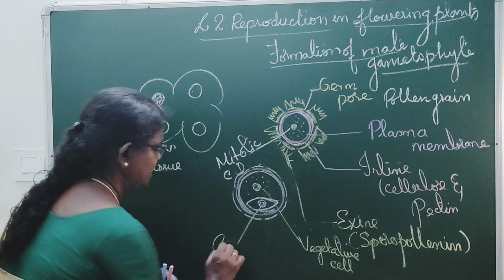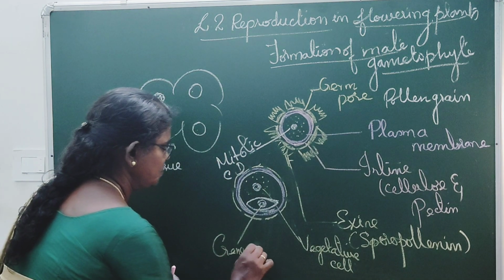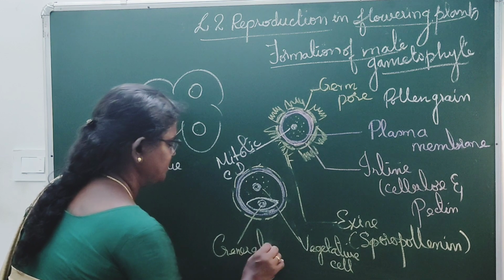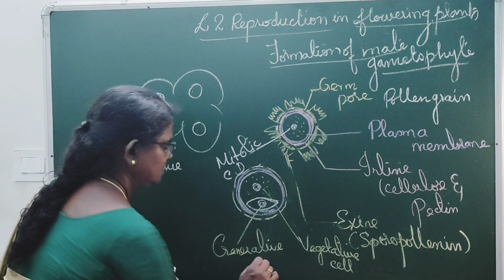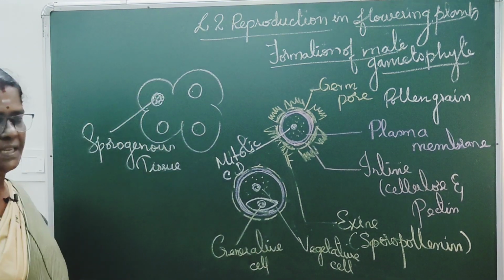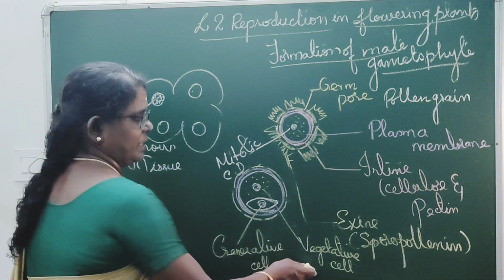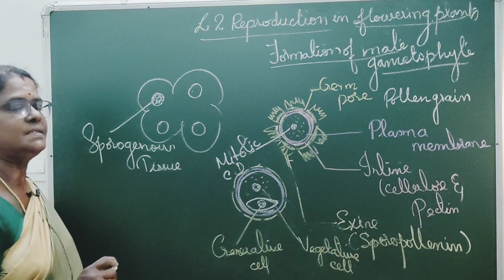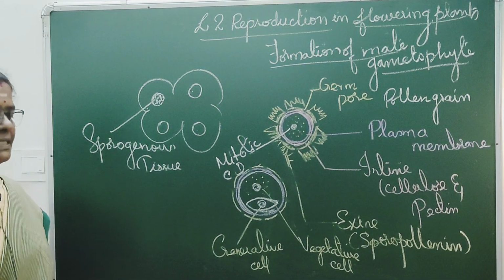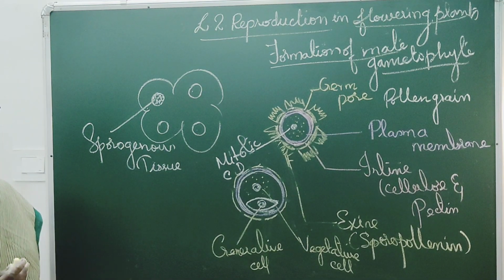This is the generative cell. The vegetative cell is not taking any role in reproduction. The vegetative nucleus is not taking any role in reproduction.